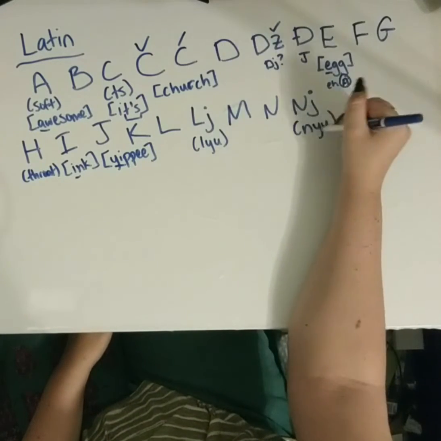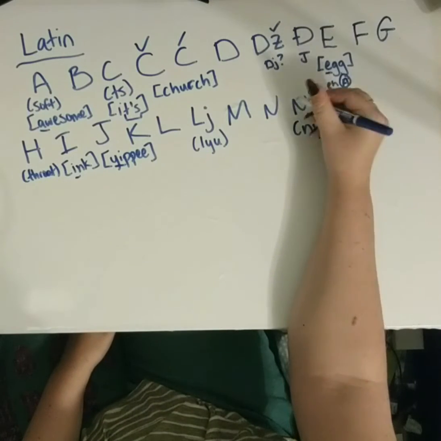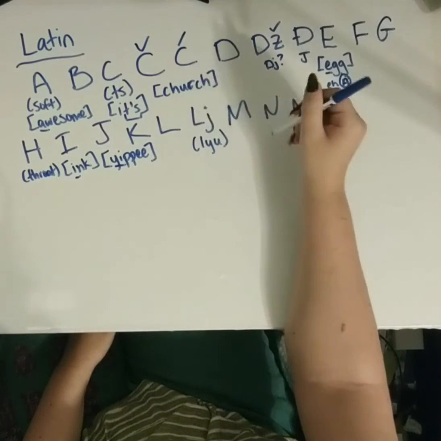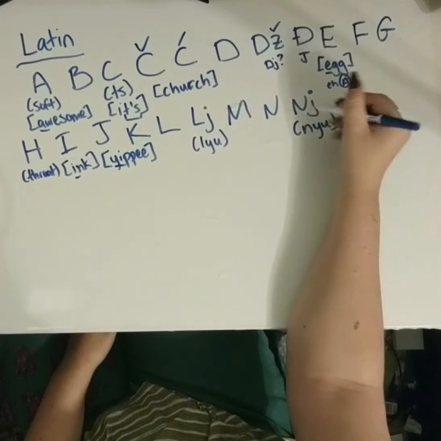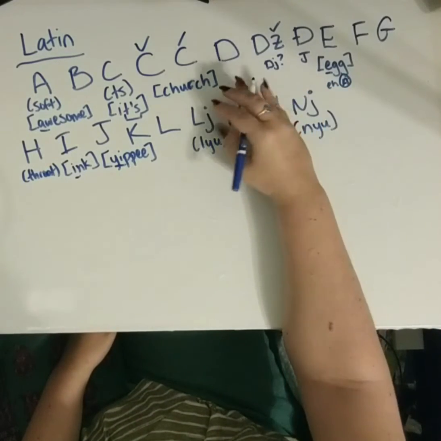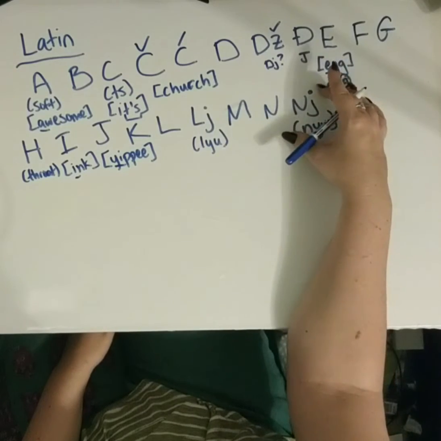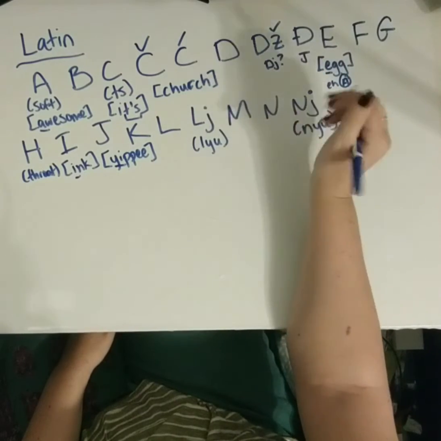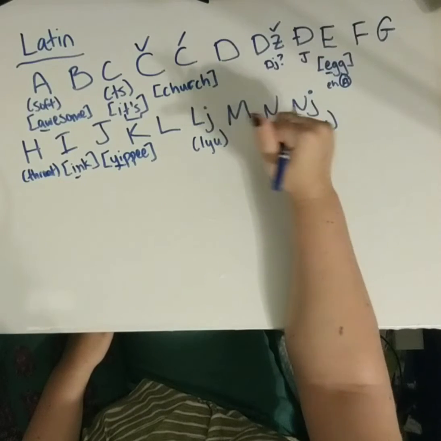I can say it here, but I can't say it here. I don't know why. When I see this on its own, my brain can't do it. But if I say this sound first, then I can say it. I wish they were swapped, but it's the Latin language.